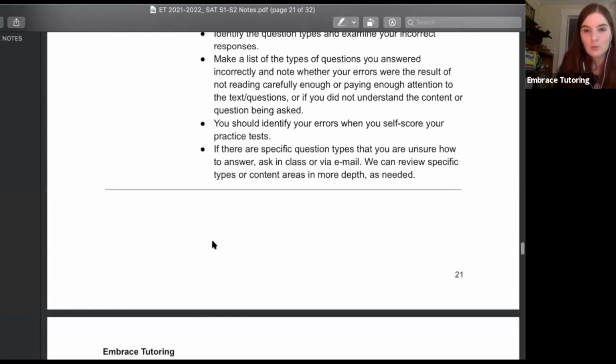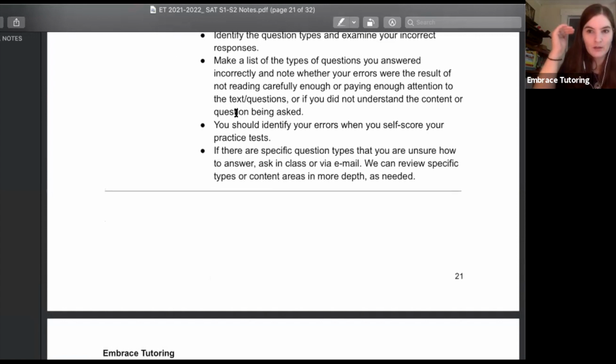So you all want to think about that as you do your self-scoring each week, and keep a running tally in a specific notebook, because all of you should be having a notebook for this class.